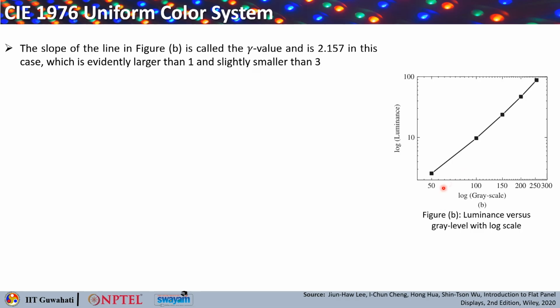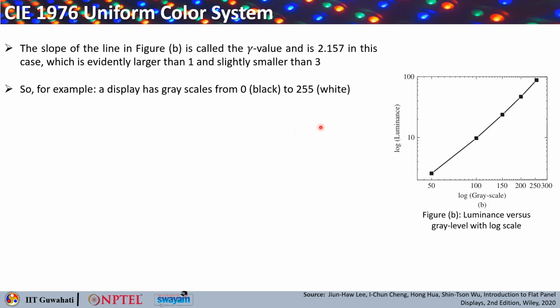Now, if you see the slope of this particular line in log scale, this slope basically gives you the gamma value, and this is typically 2.157 in this case, which is obviously larger than 1, but smaller than 3, right. Now, in this particular example, we consider the display to have gray scales starting from 0, 0 stands for black and 255 stands for white.